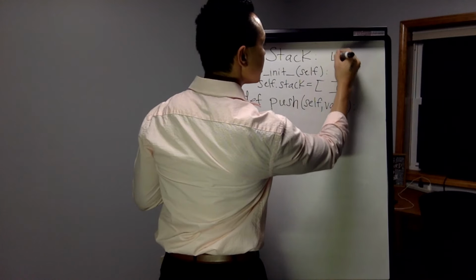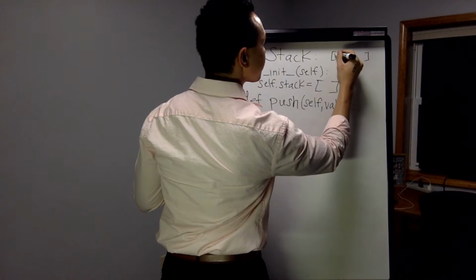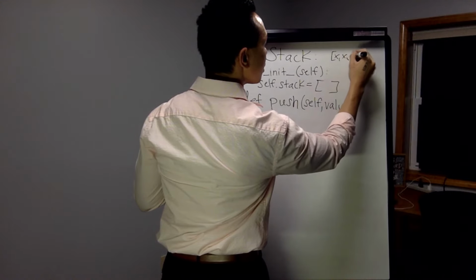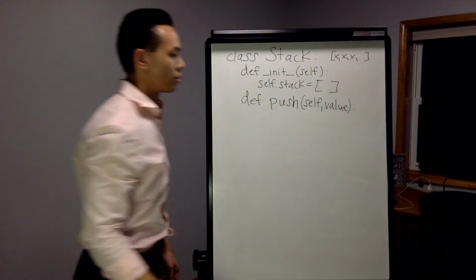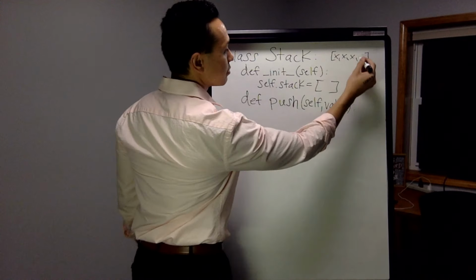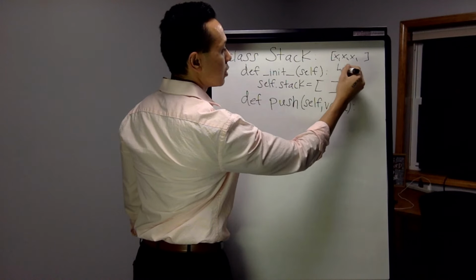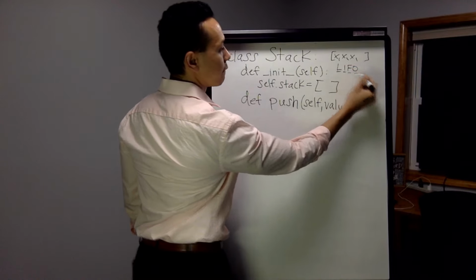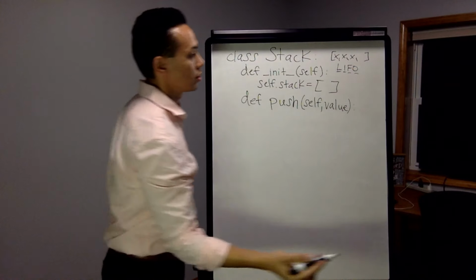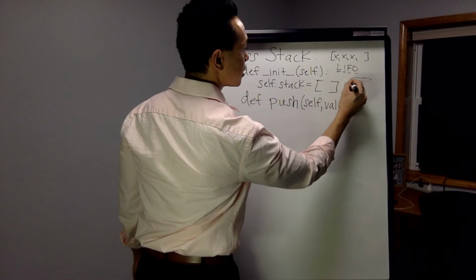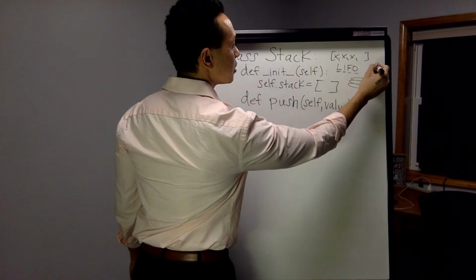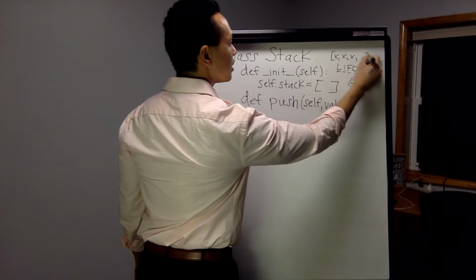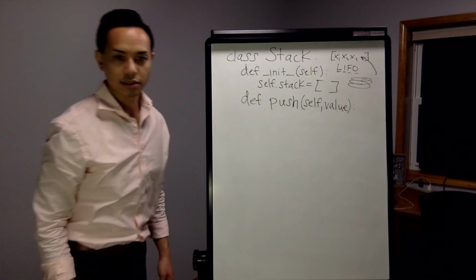So let's draw a stack. Okay, so if we want to add an item to the stack, we have to remember LIFO. Last one in, first one out. Just like a stack of pancakes. Alright? So an item, if we add it, it'll add to the end of the list. Okay?